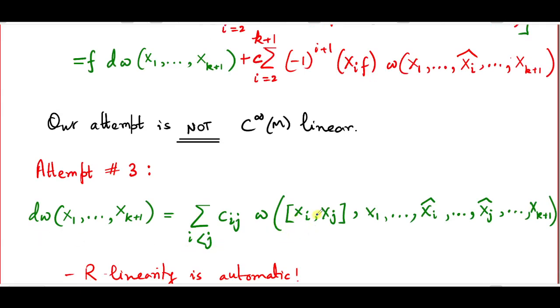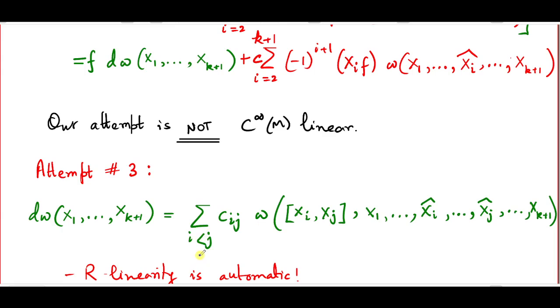You take omega, Lie bracket of Xi, Xj with Xi and Xj missing from this entire set, all the other arguments staying the same, that is, whatever they were for d omega, and these are weighted by some factors which of course will depend on both i and j and we have to sum over both i and j. And since we want to avoid double counting, we are keeping i less than j.